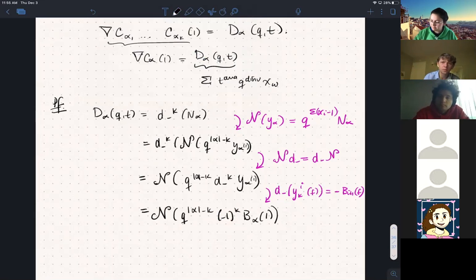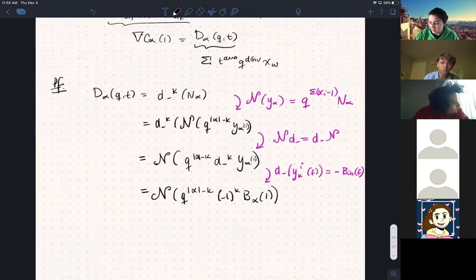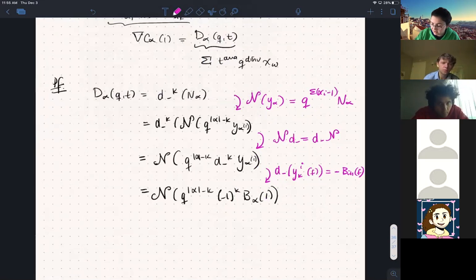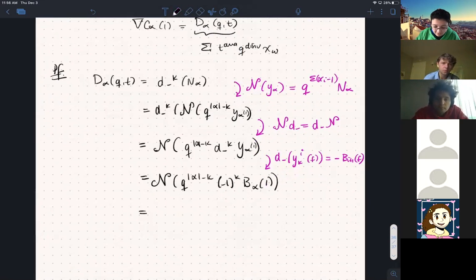There's a 1 here hanging out. Good. So here we're just using that identity that you can prove directly by definition. There's nothing very special about that one. So it's almost trivial. And then we're done.